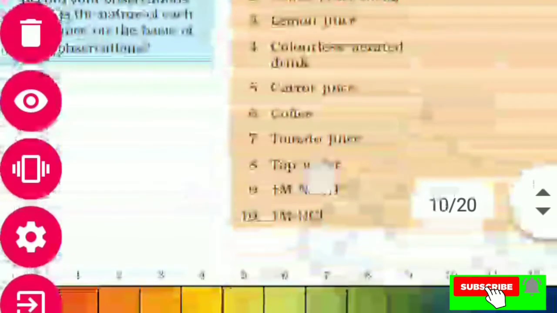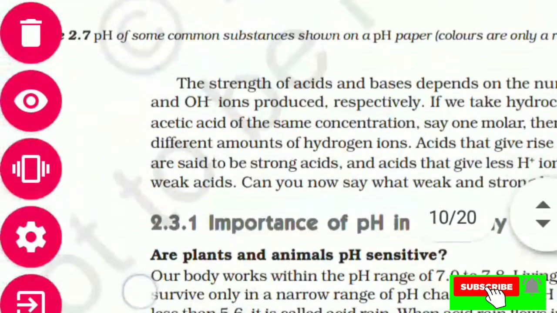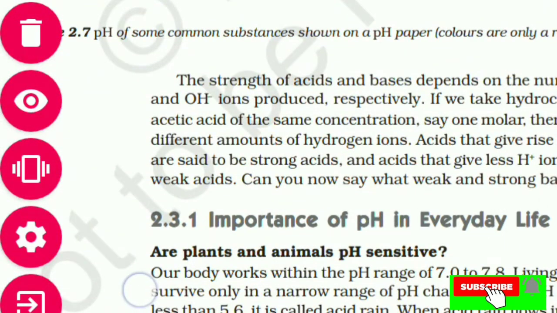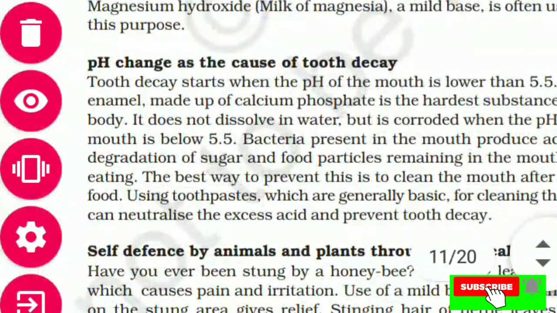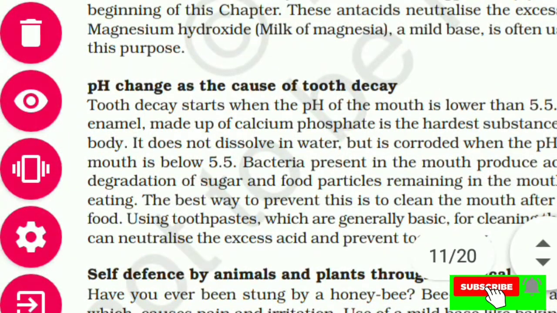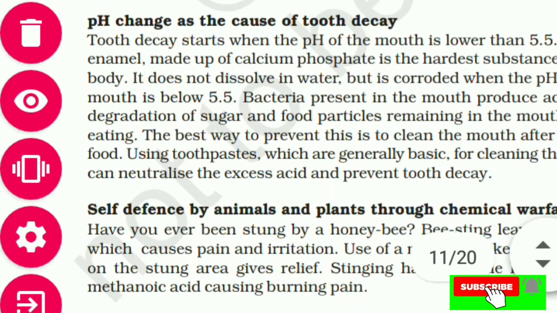If there is a litmus paper and it comes in contact with acid, the blue litmus paper turns red, and if it is a base, then the red litmus paper turns blue. All this will be studied by you. pH, then pH in our digestive system.